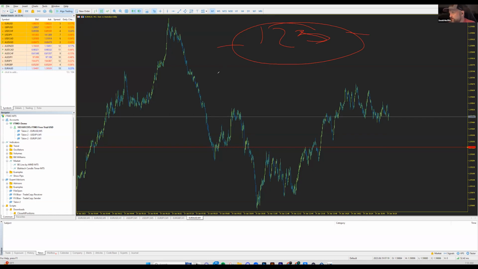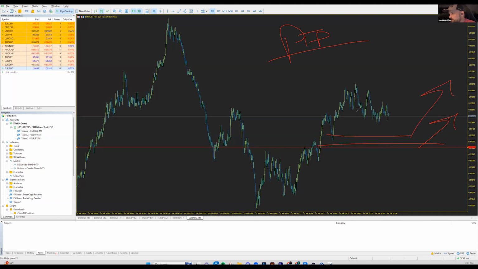Break it down into the 1, 2, 3s and simplify it as much as possible. What gets you in trouble is having bad PTP because you don't understand market conditions. Let's say you're selling when you should have been buying off this bounce, or it crosses here and you're selling and it's going to run up on you, right?